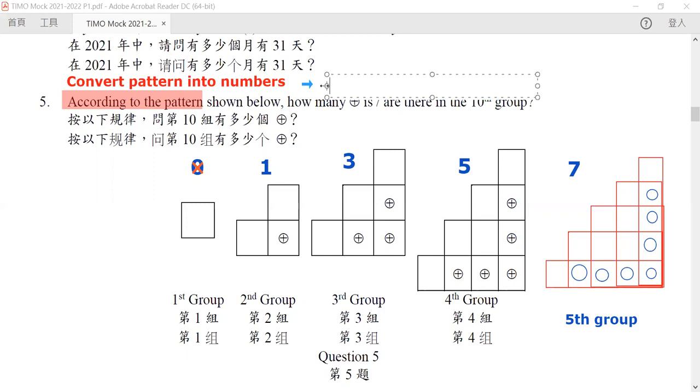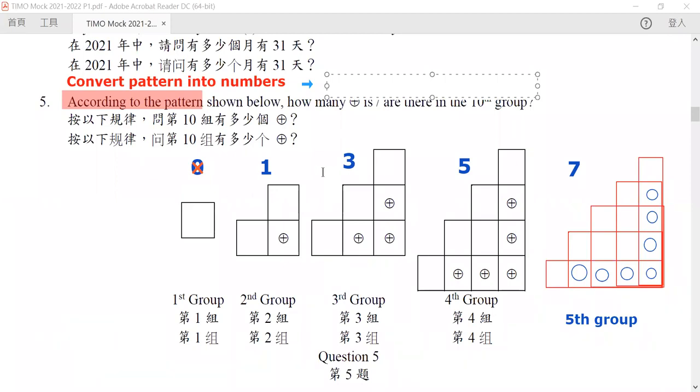But teacher, why is it not the number 0? So that's why we disregard the first group, because the first group is special. Other than the first group, all other numbers are consecutive odd numbers, not just any odd number, but consecutive.